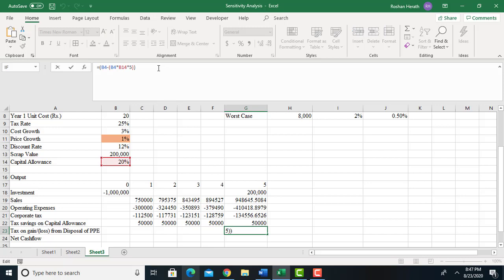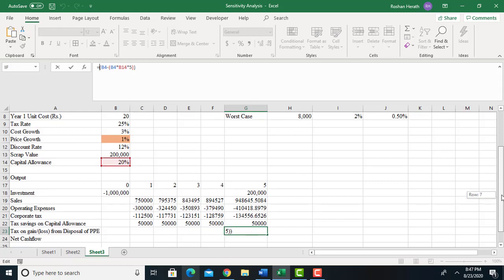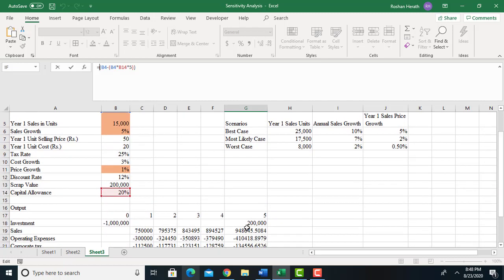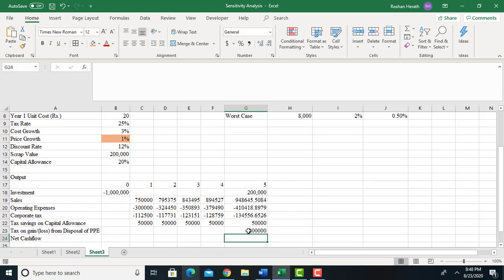Now you have taken the carrying amount. In fact you need to first take the disposal value. So take the disposal value 200,000 minus this. Then you can see that there's a gain of 200,000.